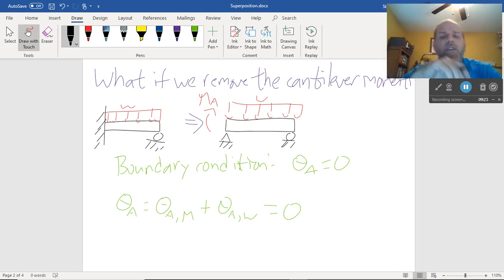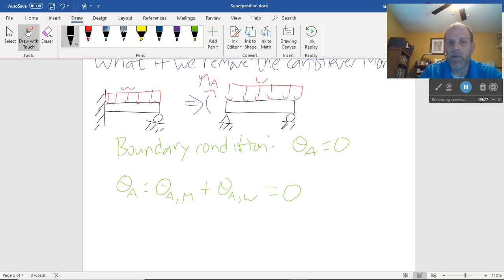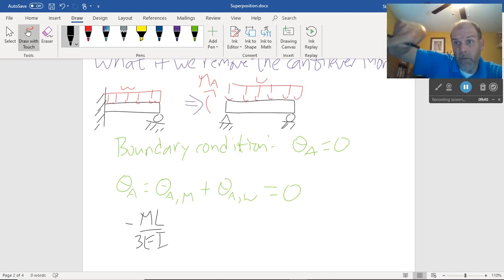Interesting, huh? So what I see is that if I look up in my table, my theta A due to the moment is equal to minus ML over 3EI. And yes, I quite literally have the book right over there. Okay.